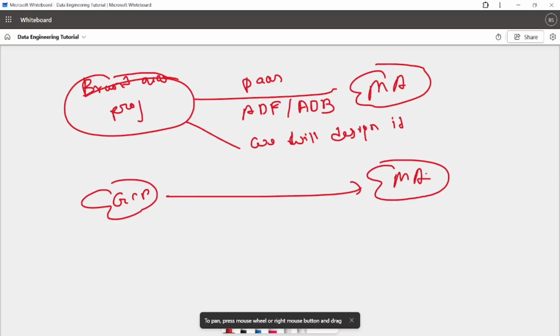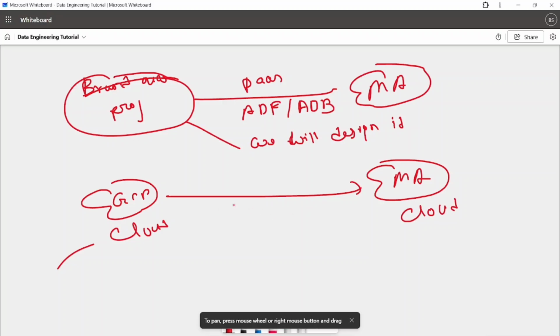But if you are going for brand new, Hadoop or SSIS, then you have to put more and more effort into development. Here there is less development, and this is cloud to cloud.